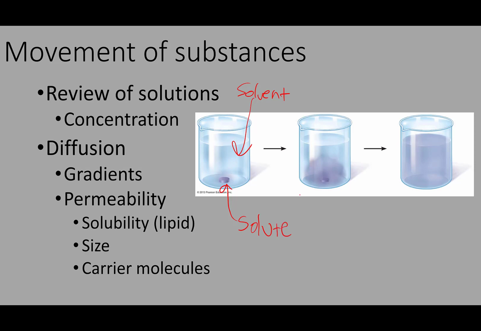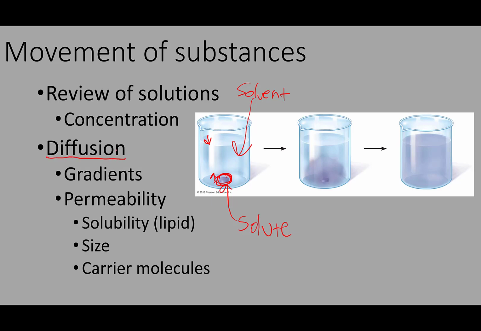And when we first put this little dye tablet in the water, there is a very high concentration of that dye right there, and a very low or non-existent concentration in the water. So we're going to look at something first called diffusion.